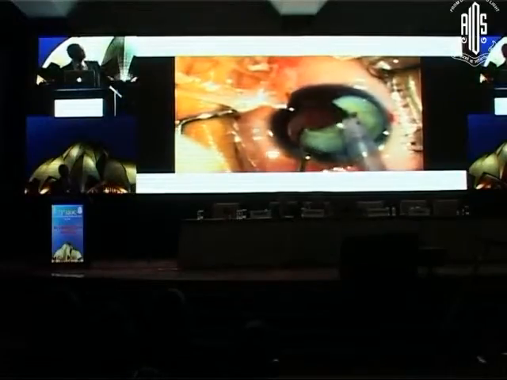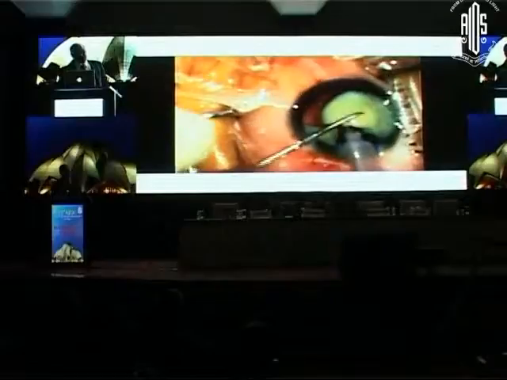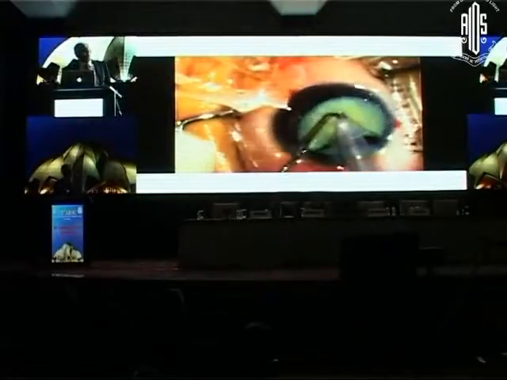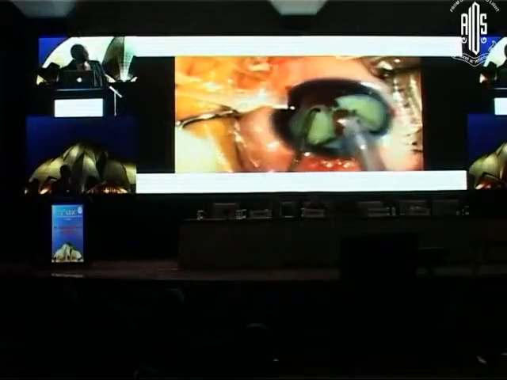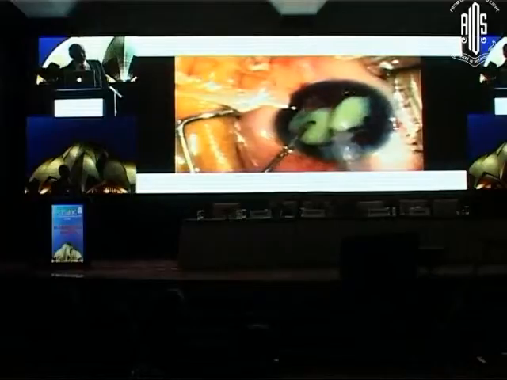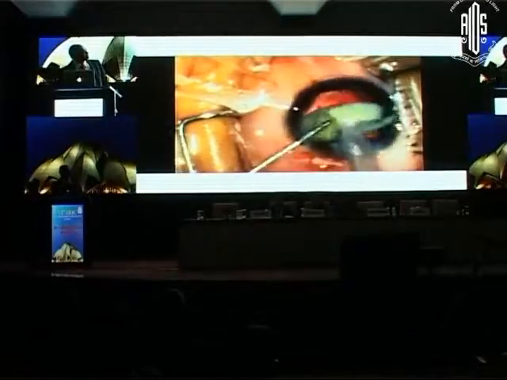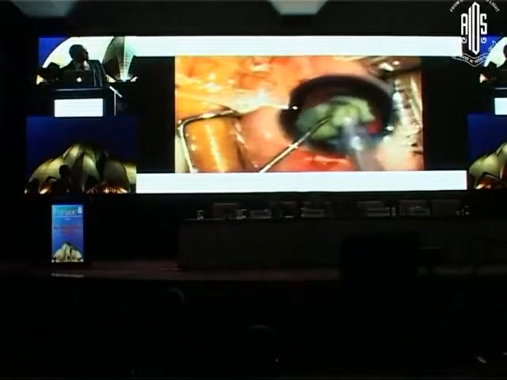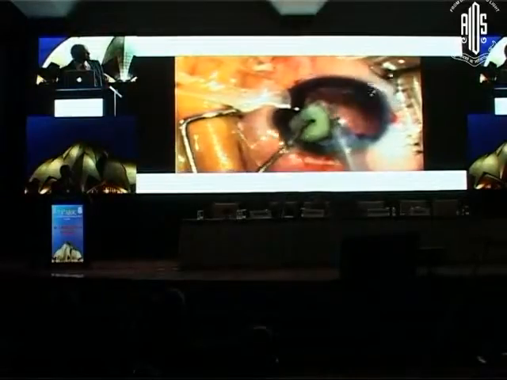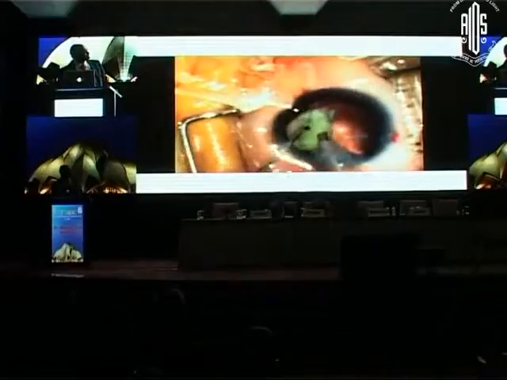Always it is better to go for horizontal chopping. Vertical chopping in such a situation will not help you at all, or it may create a problem, and you may see the nucleus in the posterior, that is, in the vitreous. See now, there is nothing here, it means no cortex and no epinucleus for your protection.